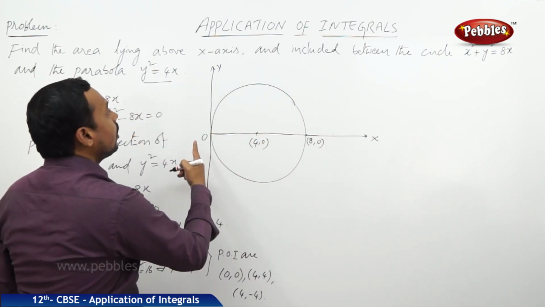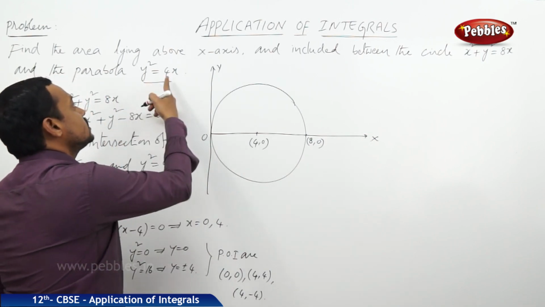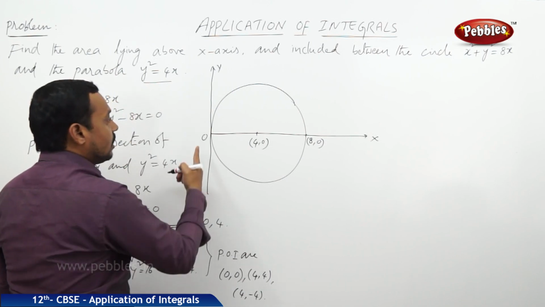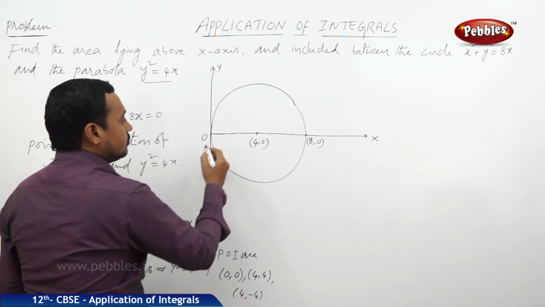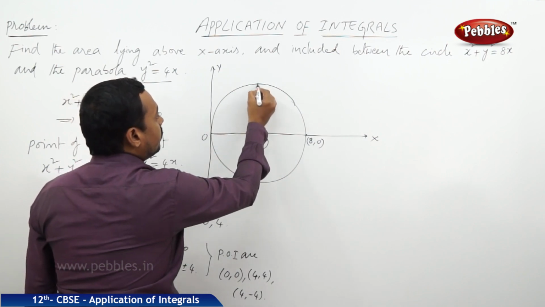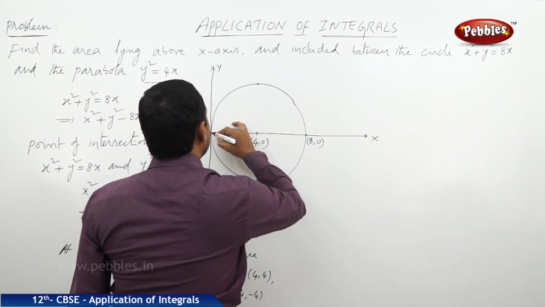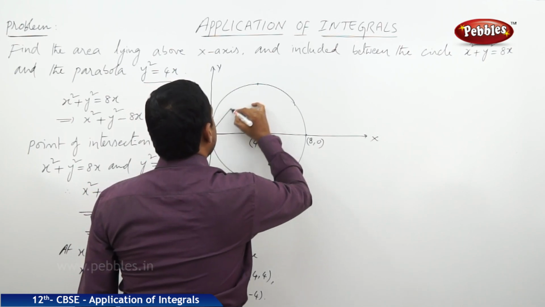Now let us draw the graph of y square is equal to 4ax. You see y square is equal to 4ax has the vertex at origin and it cuts the circle at 4, 4 and 4, minus 4. So the graph will be like this.